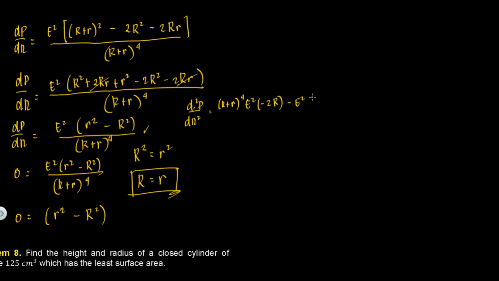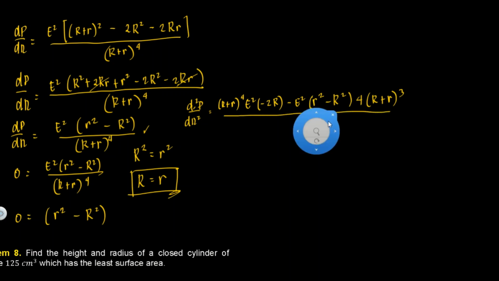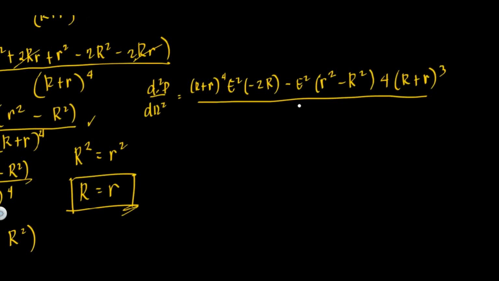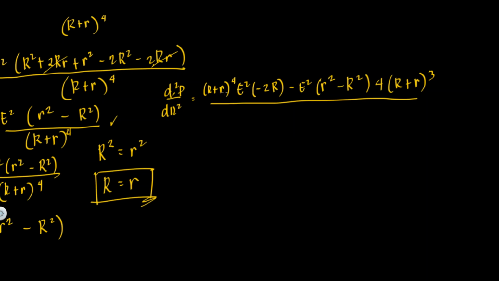U dV, no? Okay, kopya lang to. r square minus R square. Okay. Then, derivative of V. Ito sa baba. So, we have 4 times (R plus r) raised to 3. Okay. Then, all over the square. So, (R plus small r) to the 4, then square, no?